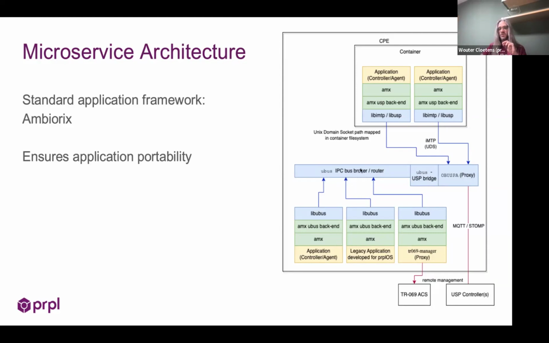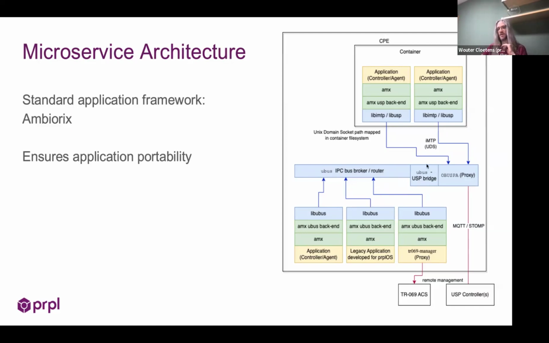So the way this works in prplOS specifically is that we have the OpenWRT U-bus inter-process communication mechanism that allows different applications to speak to each other, and all of those services plug into that with the U-bus backend of MBOX.